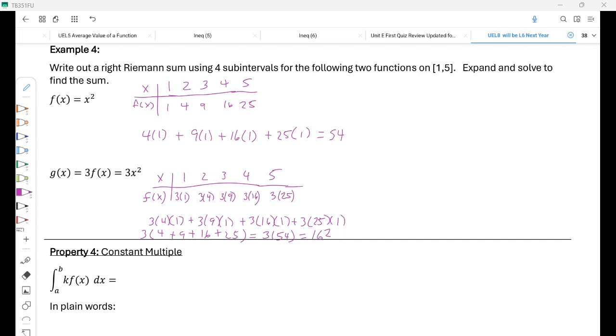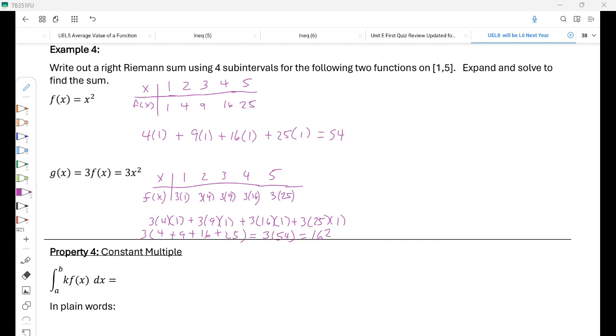The things that worked well were constant multiples, adding and subtracting, and horizontal shift. Constant multiple is the same deal here, right? Do I need to solve a brand new integral if I want to integrate 3x squared, but I already know the integral of x squared? No, I just need to multiply by 3. So the same things that work for derivatives work for integrals.